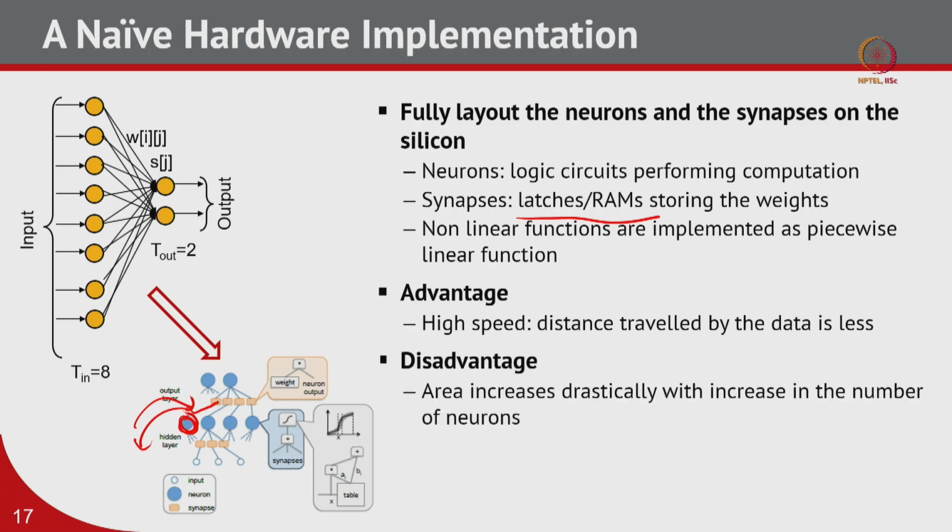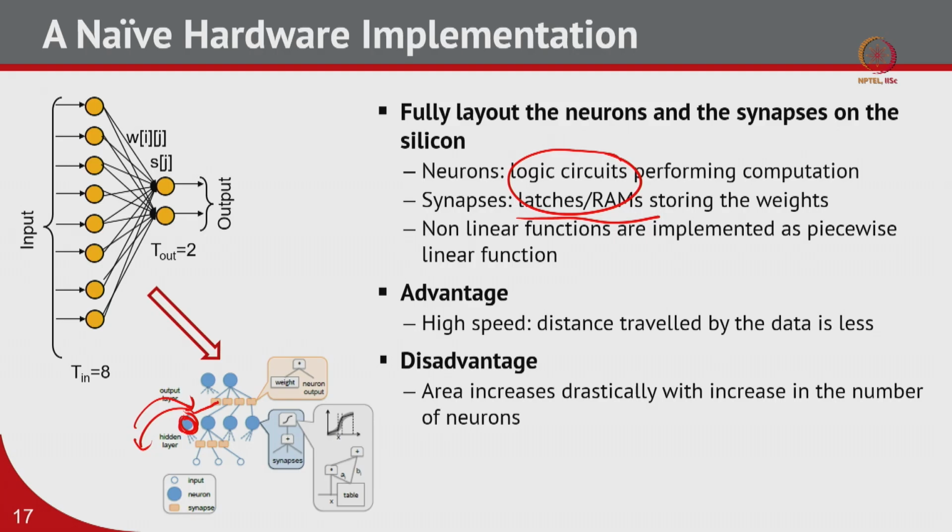But of course, by now you might have figured out, there is a big disadvantage, which is that the area increases drastically with the increase in the number of neurons. If we have this kind of structure, then we need so many neuron units, or so many logic circuits, to implement a big DNN.